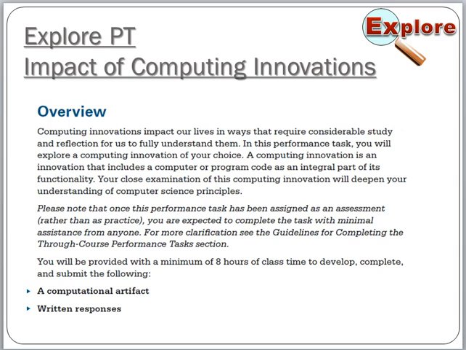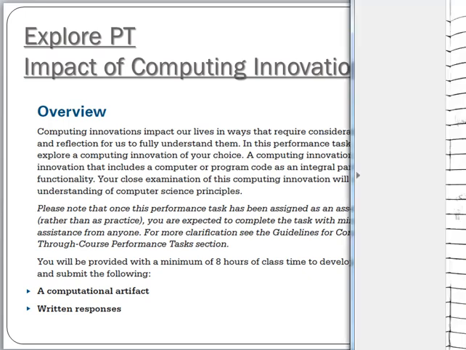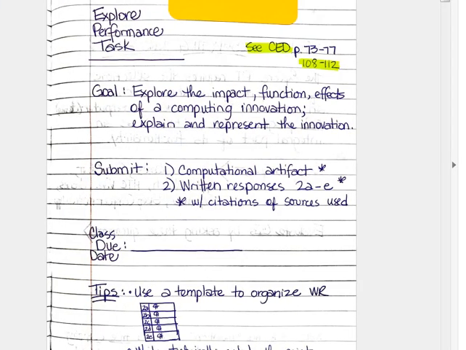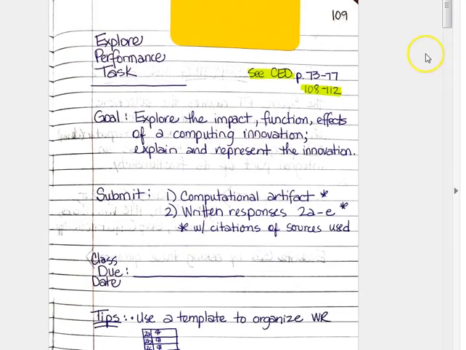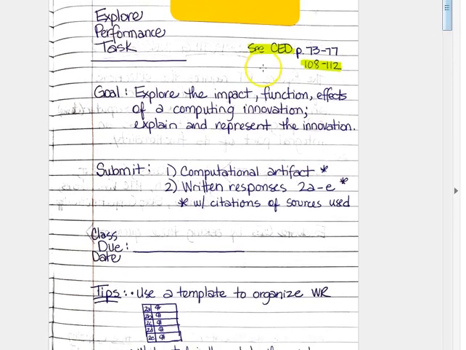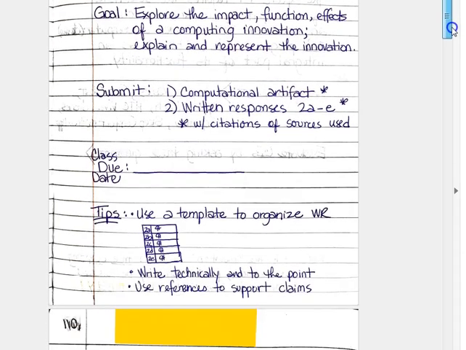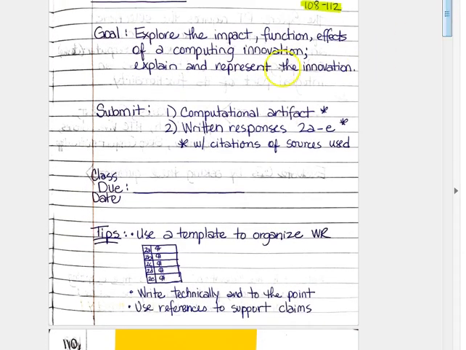Now, I want to go over my notes that we've taken and refresh your memory just a little bit about that. So I'm going to slide some things into the screen. On page 109 of your journal, you took notes about the page number in the course and exam description, about where you would find information about Explore, the goal, and here are just some basics that we have discussed.